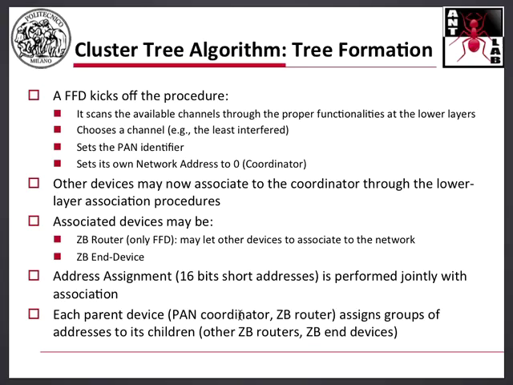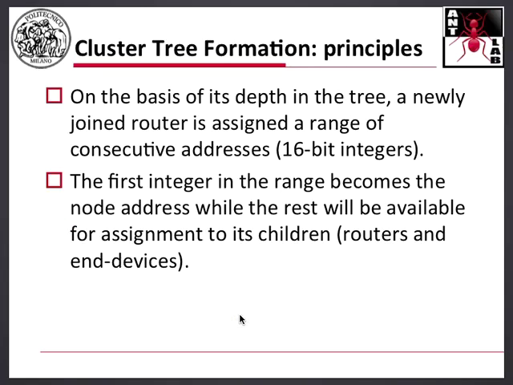So basically, the trick is that the ZigBee coordinator or the ZigBee router node assigns to any other node which is willing to associate to the ZigBee network not just one address for the node itself, but a group of addresses, which is used to address all the nodes in the branch of the tree which is rooted at this device which is accessing the network. Okay, clear? Let's see it in more detail.